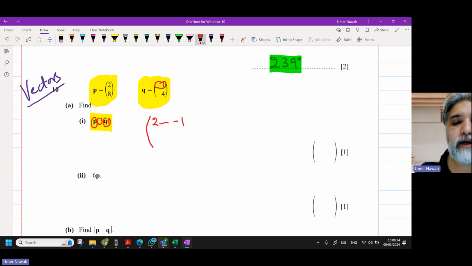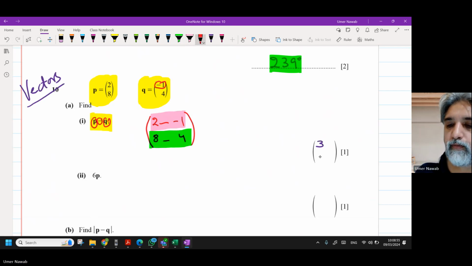So I'm going to write 2 minus minus 1. And then we have 8 as a y component. Then we have to write a minus sign. What is Q? 4. What is 2 minus minus 1? Yani it is 3. And what is 8 minus 4? This is equal to 4.